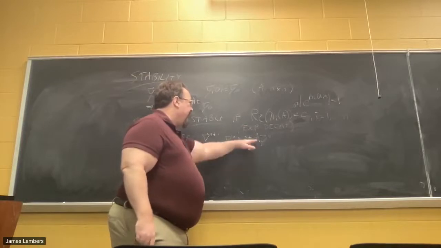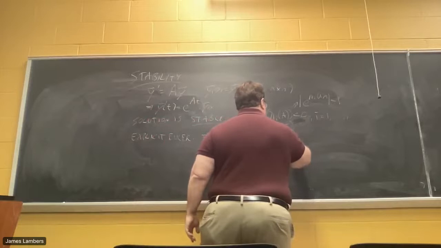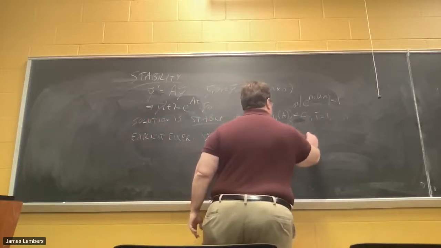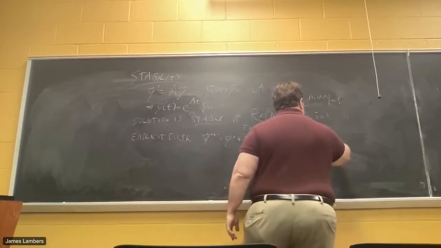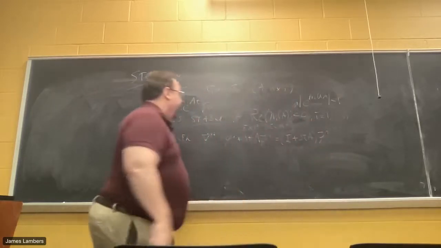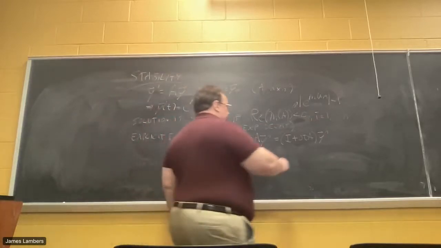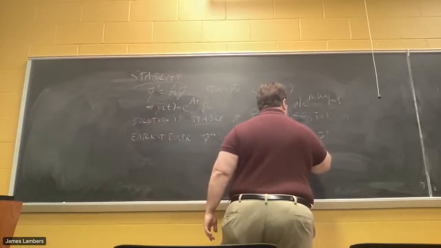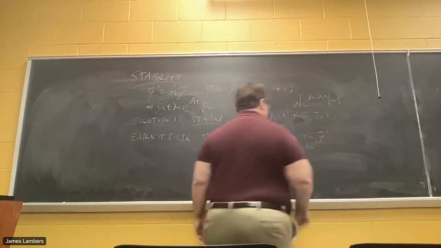So I could factor y_n out to the right: (I plus delta t A) y_n. And this is an approximation of e to the A delta t.